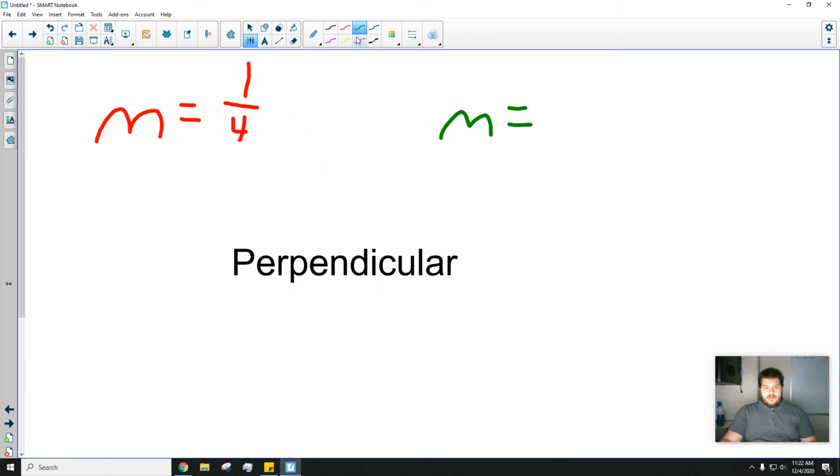So the easiest thing to do first is this slope is positive, so this slope has to be negative. On this one, 1's on top, 4's on bottom, so if we flip that, we have 4 on top and 1 on bottom, which we can simplify to be negative 4. So either of these two are correct, just whichever one you want to use, unless I give you something specific.